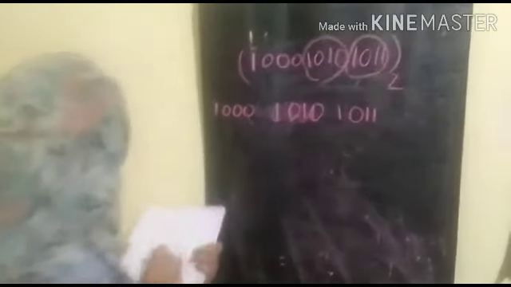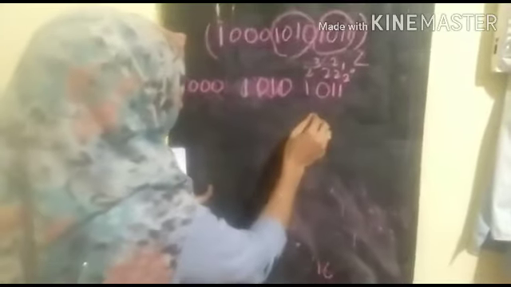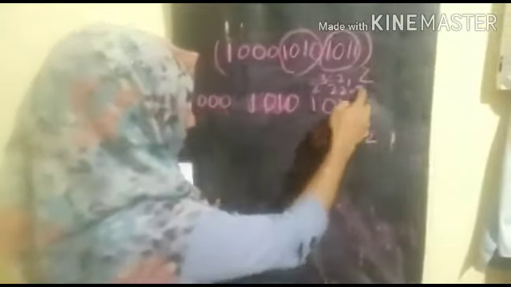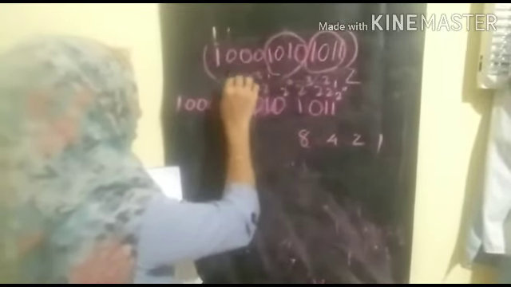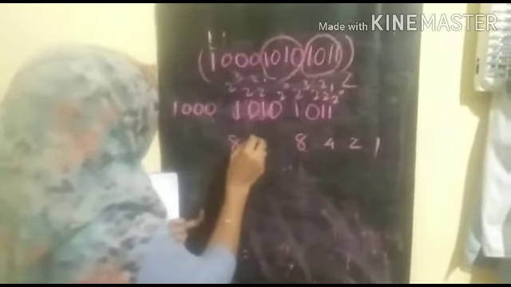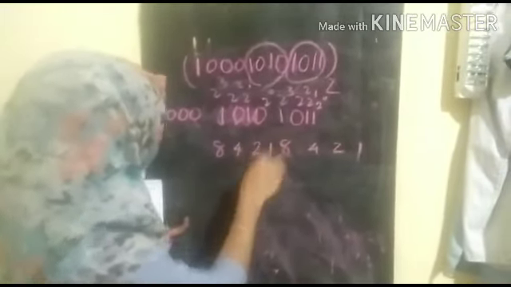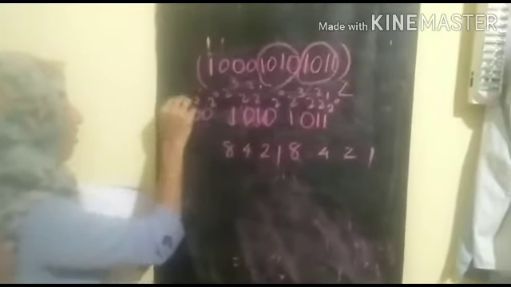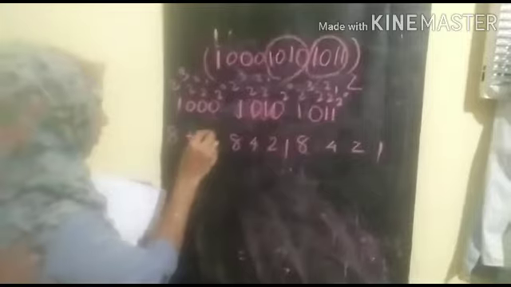Okay. Then converting this: 2 raised to 0, 2 raised to 1, 2 raised to 2, 2 raised to 3. It is 8, 4, 2, 1. Again for each group, 8, 4, 2, 1.